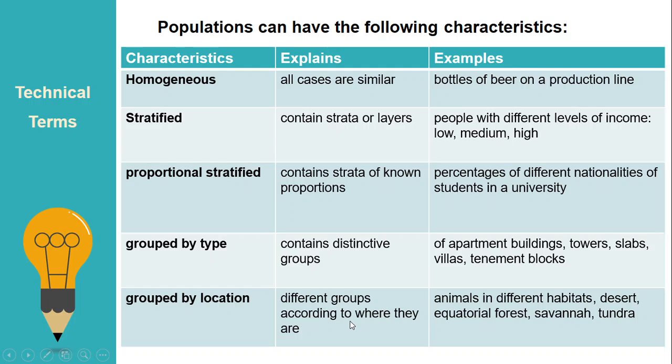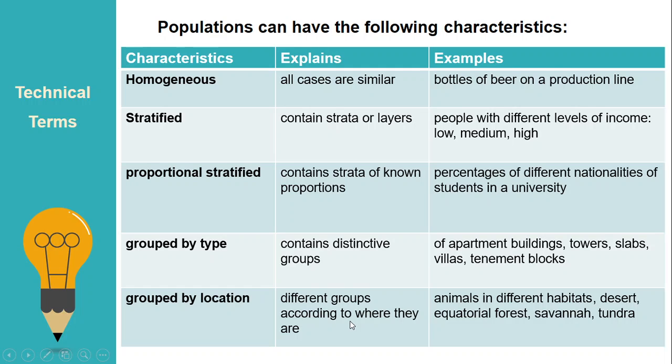The other characteristic is that the population is mostly grouped by type: constrained distinctive groups of departments, buildings, towers, slabs, villas, tenant blocks, houses, institutions, and organizations from which we collect information.